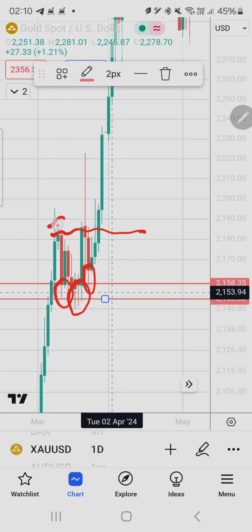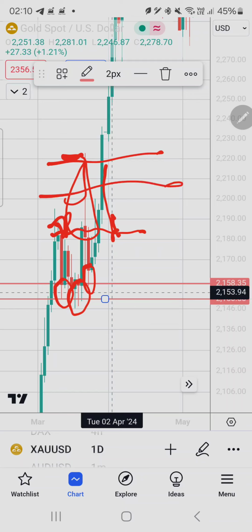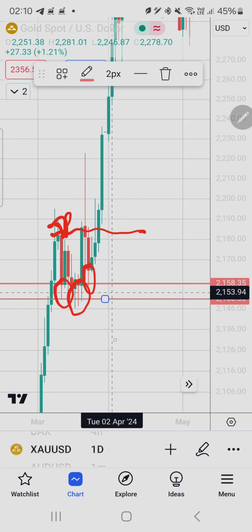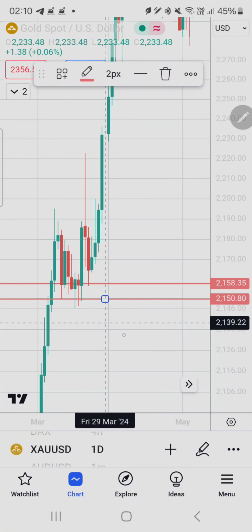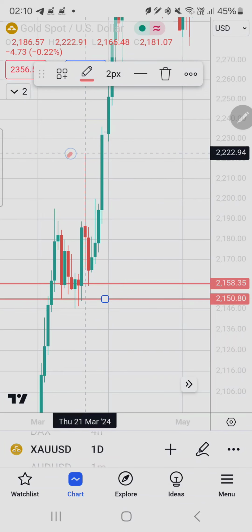Your TP is this. Once broken, it comes down here. It can be here on the top. Sometimes it just retests the broken resistance, like this one, and it carries on.